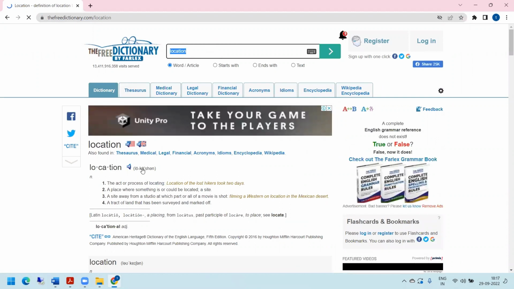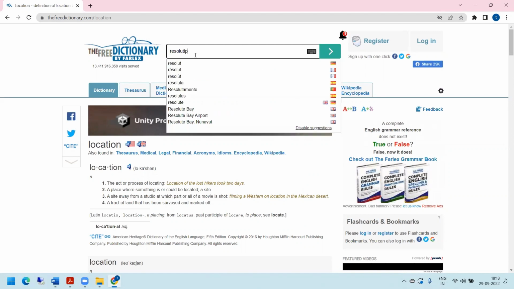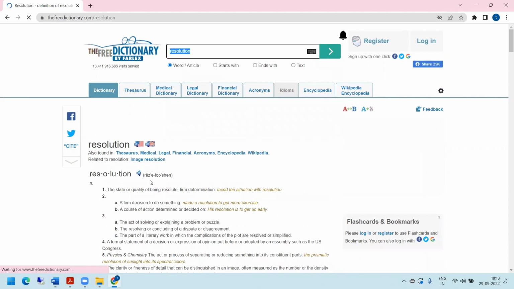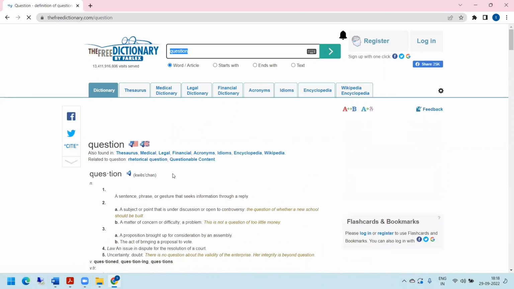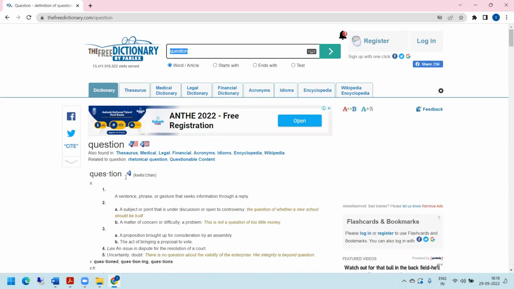We need to stress on ca, that is location. Similarly, resolution. We need to emphasize on lu. Resolution. Question. It is question.